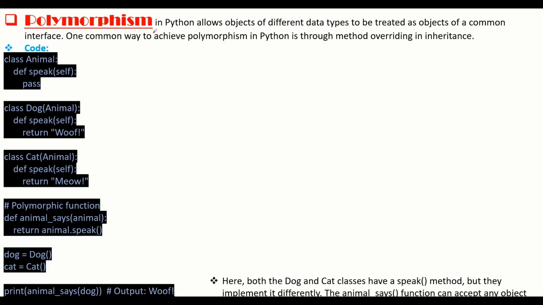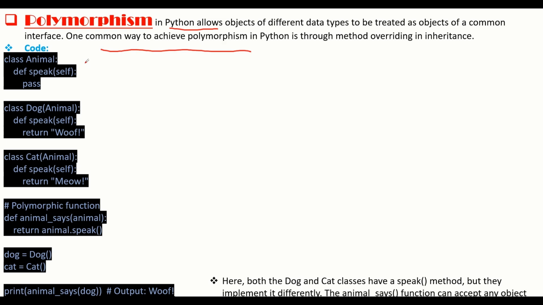So what is basically polymorphism? In Python, it allows objects of different data types to be treated as objects of a common interface. One common way to achieve polymorphism in Python is through method overriding in inheritance.